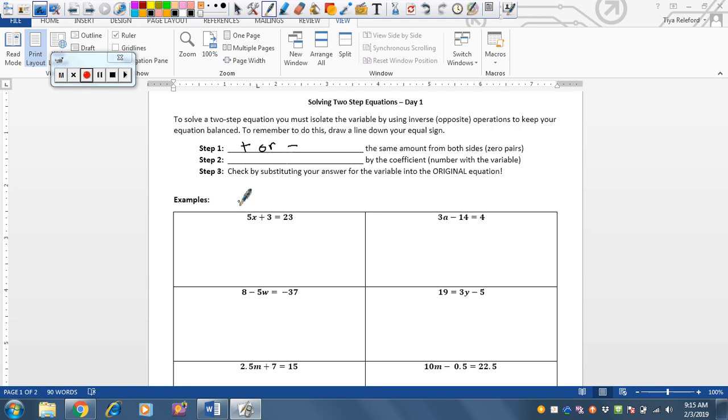You can write the words or the symbols. Step 2, you rewrite the equation, and then you multiply or divide. And then step 3 is to check.